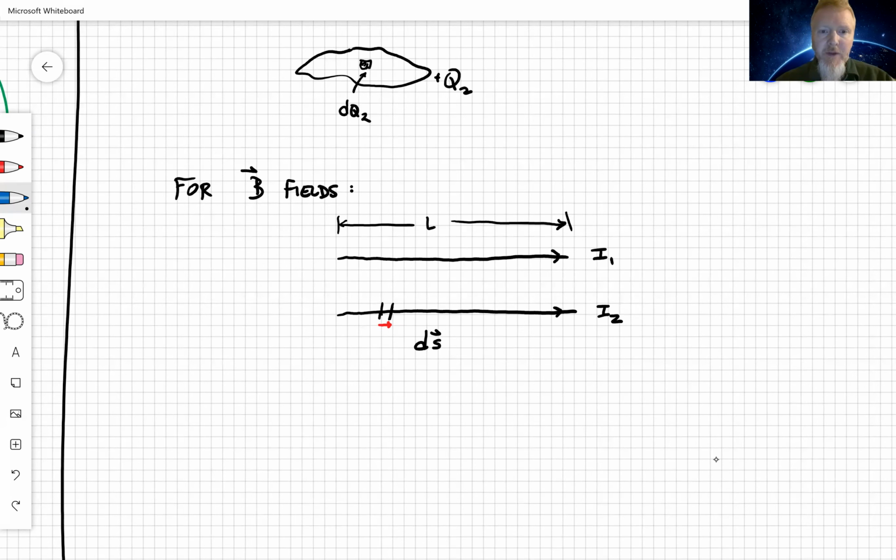So I'm going to say, all right, well, suppose that right up here, I'm going to take the effect of the current on ds, and we're going to say, well, what's going on here with this piece of ds? What's the effect of ds on I1L? All right, so this will be an r, this distance here.